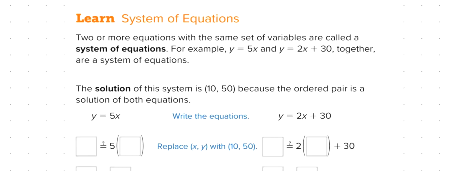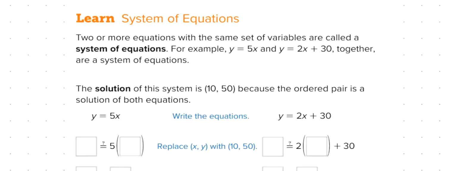If you see the first one, y is equal to 5x, it has a y and it has an x. The other one, y is equal to 2x plus 30, is also an equation of this system because it has y and x.